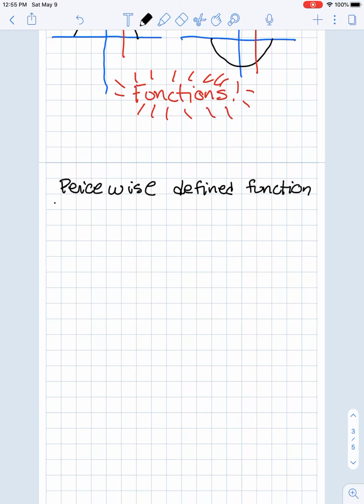So the most well-known piecewise function is what? Can you guess it? It's the absolute value function.